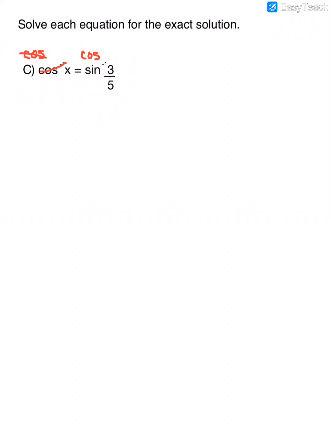So cosine and cosine inverse are going to cancel each other out, and I have x is equal to cosine of sine inverse of 3/5.